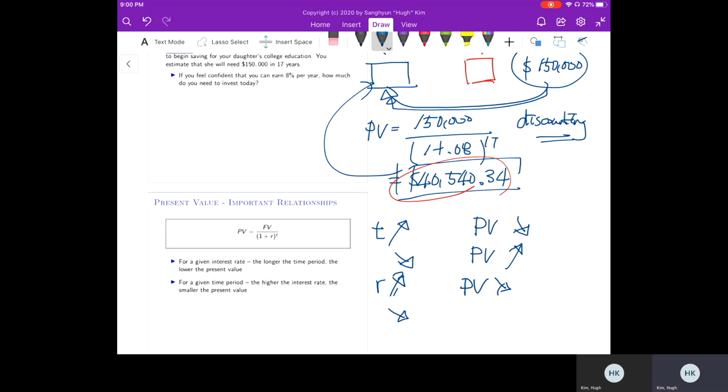So R goes down, present value goes up. In the previous example, the interest rate was 8%. If the interest rate was lower, then you need more money to invest today.